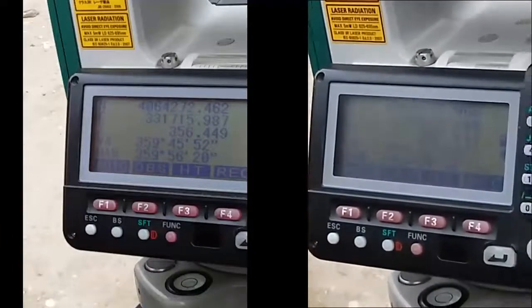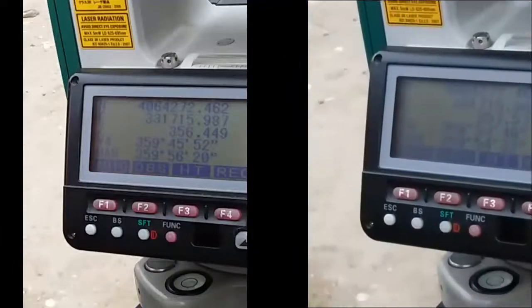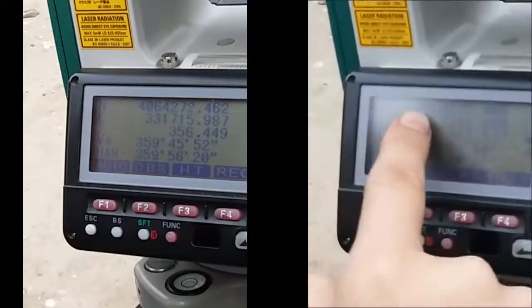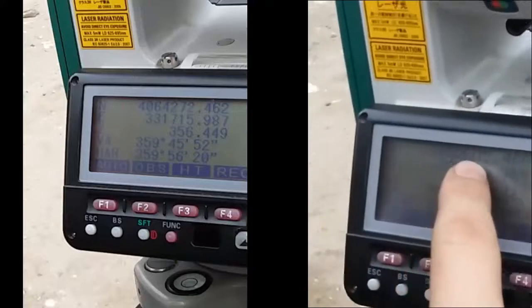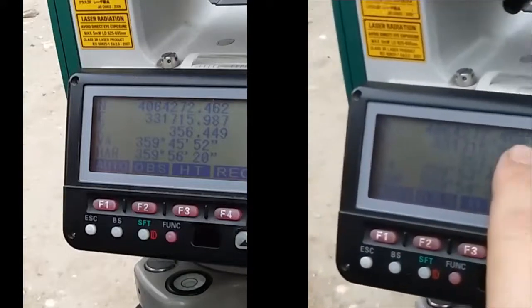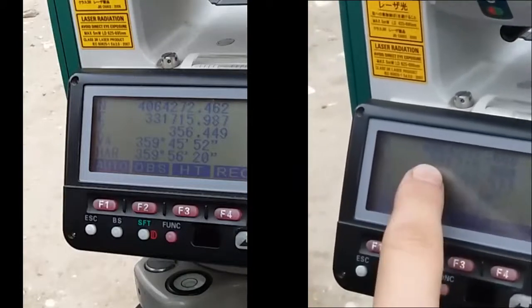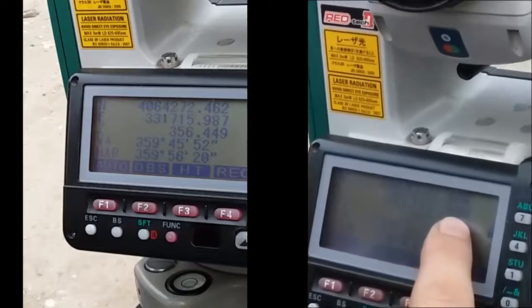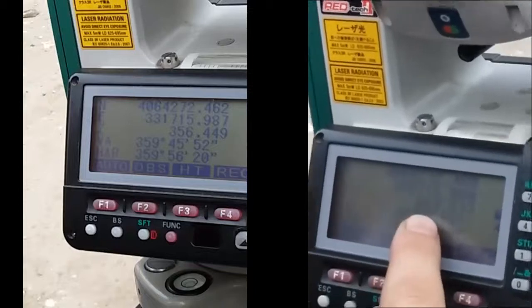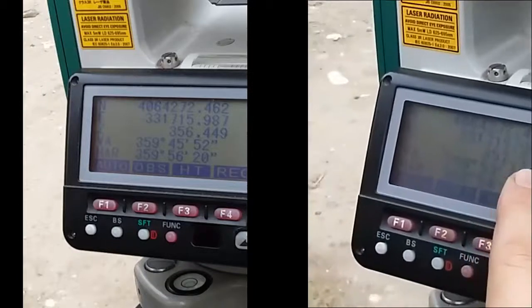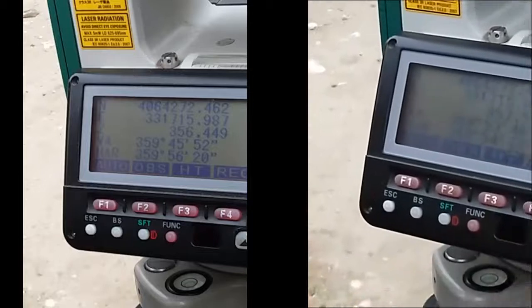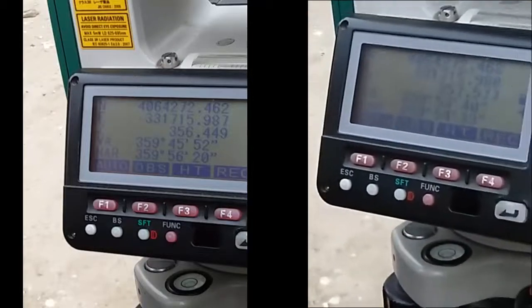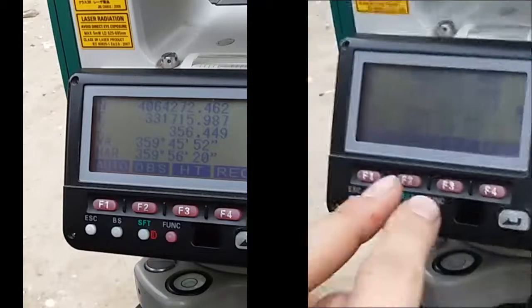Here you see the northing we got 404627.2 point something, and the easting 337015 and also the elevation 357. Here we are missing one thing. We have to also enter height of target.